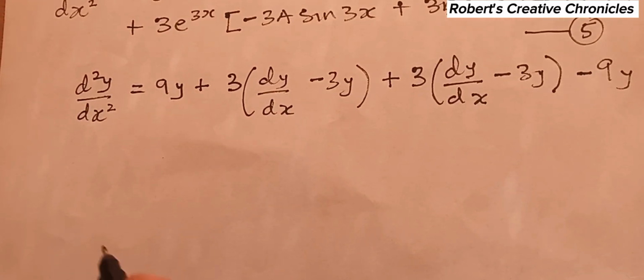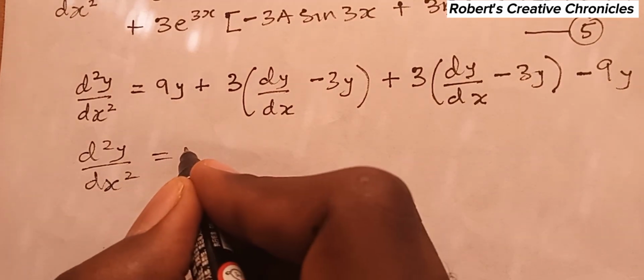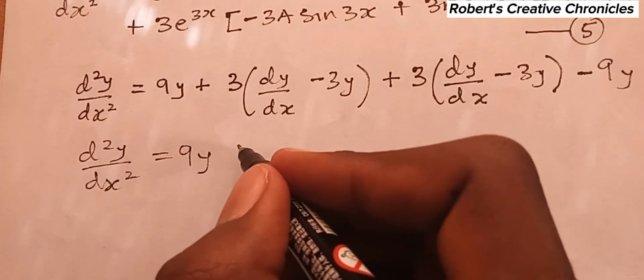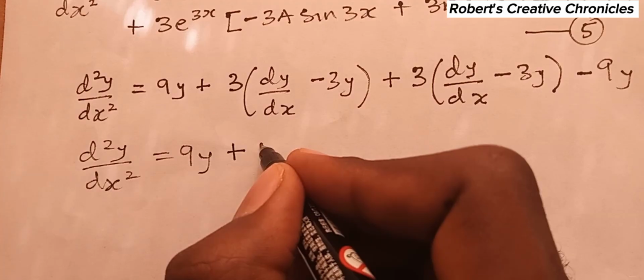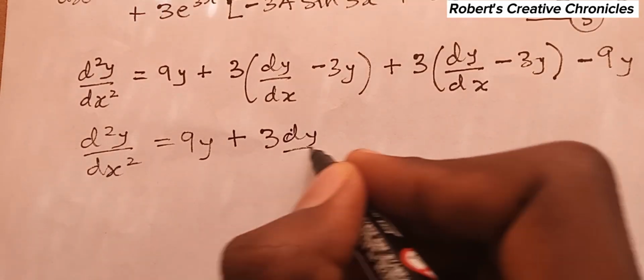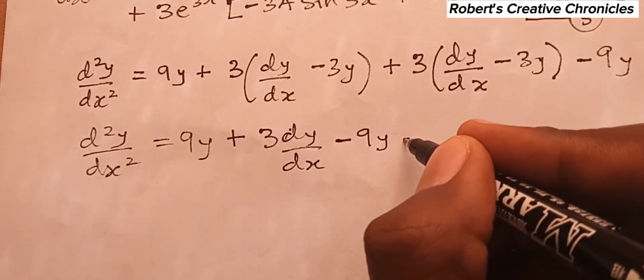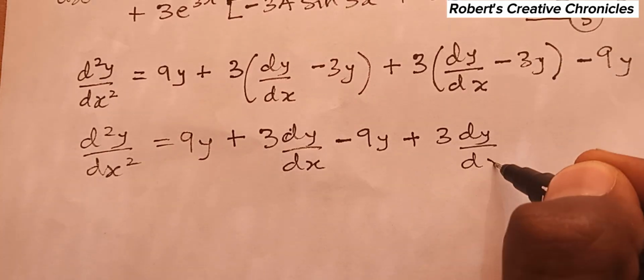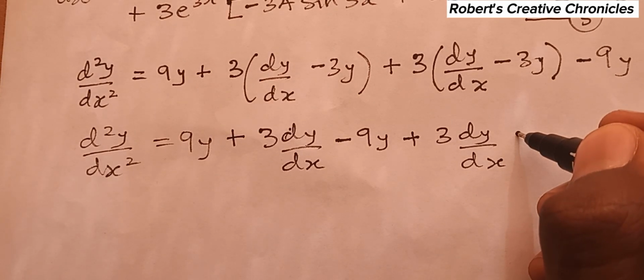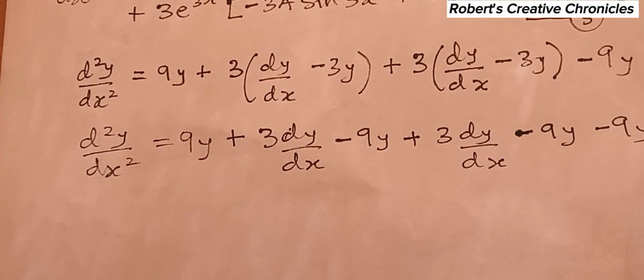So let's reduce this and open the bracket. d²y/dx² equals 9y plus 3 dy/dx minus 9y plus 3 dy/dx minus 9y minus 9y.